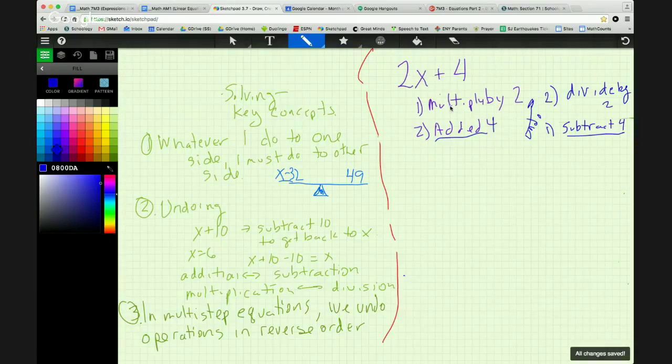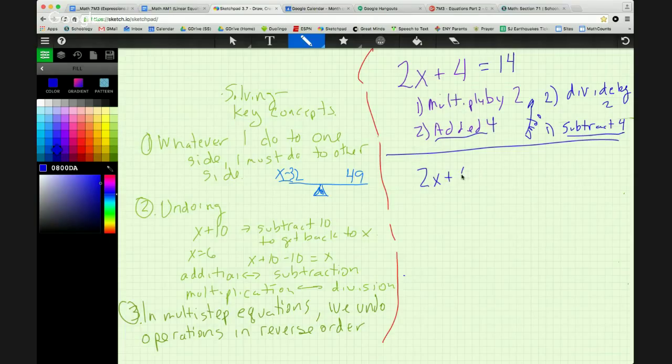Okay? So that's important. So let's look at this operation. If I say 2x plus 4 is equal to, say, 14, the way I'm going to solve this algebraically is I'm going to undo things in reverse order to the way that I did them in the first place.